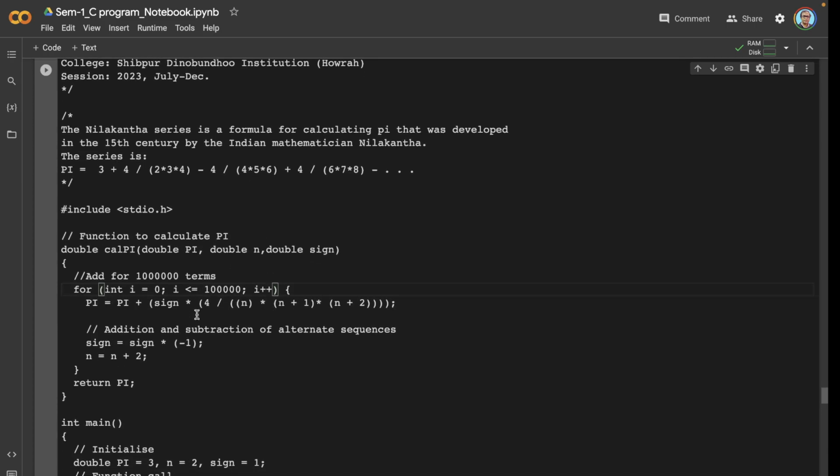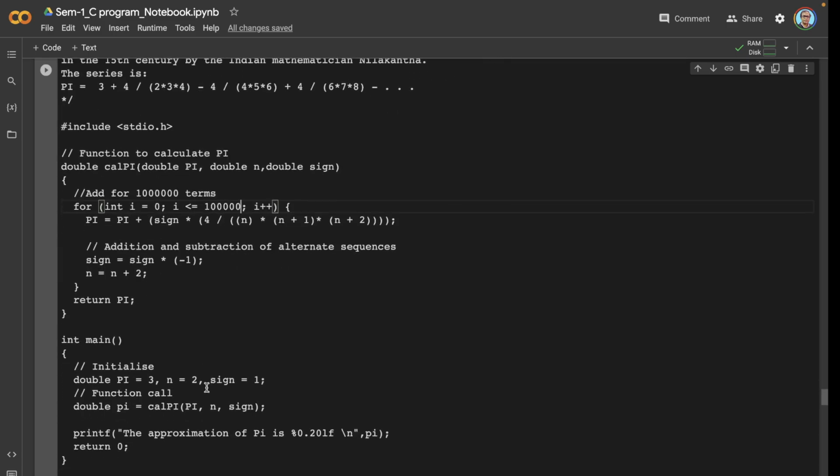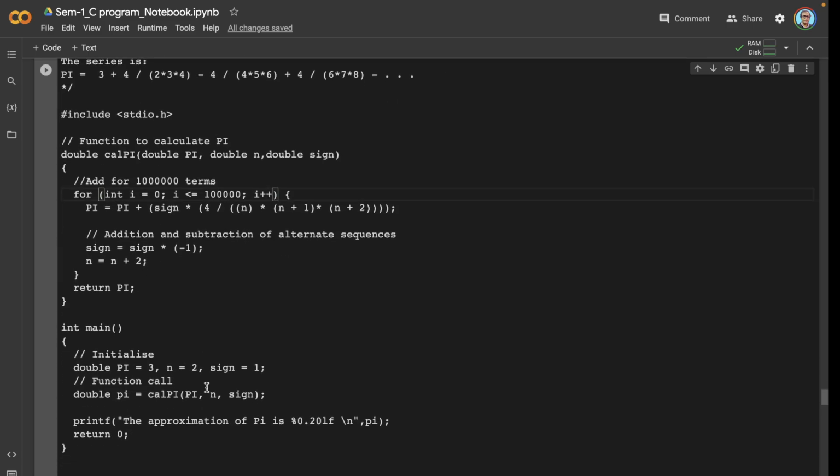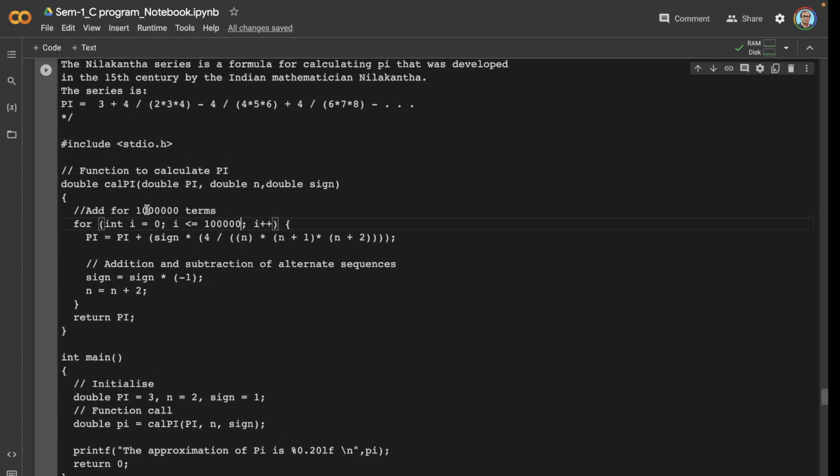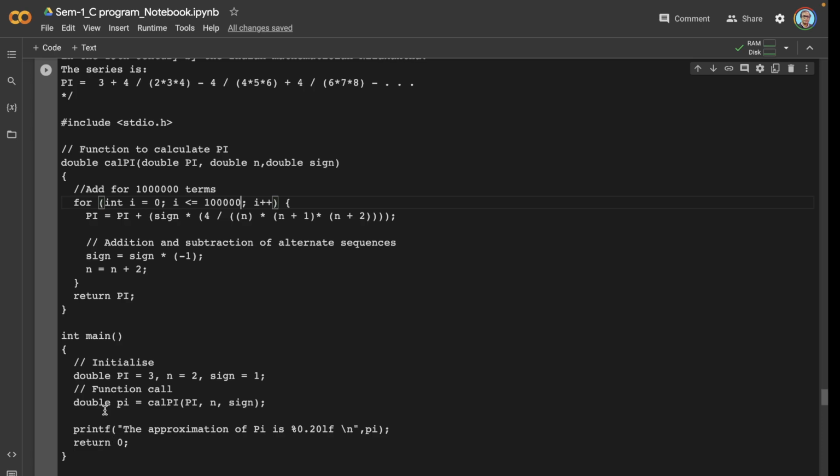Sign means whether the term is positive or negative. The initial value of sign is 1 in the main function, and after multiplying sign by -1, it becomes -1. The first initial term is 3, so pi equals the initial value 3.